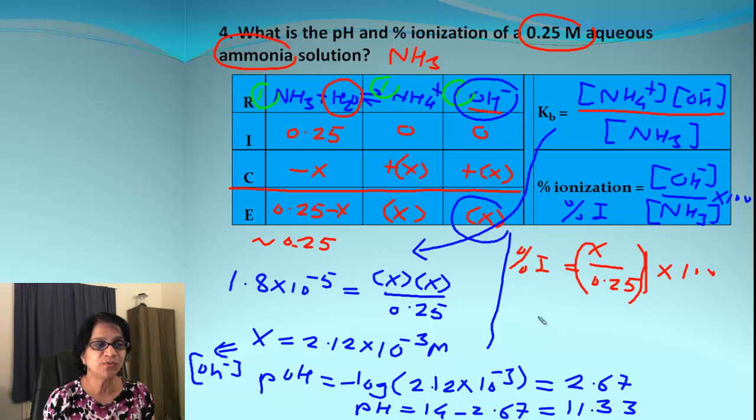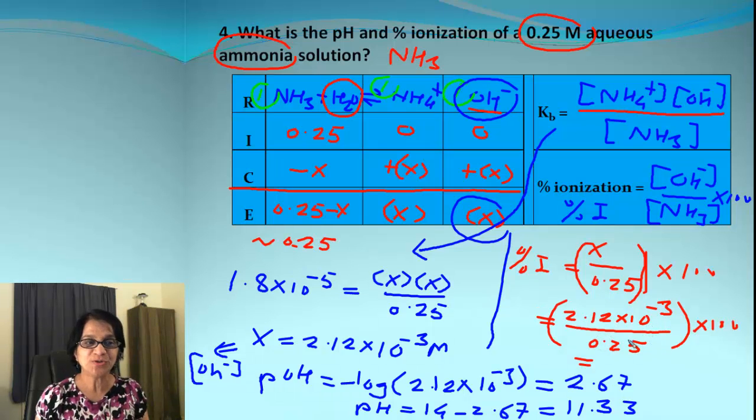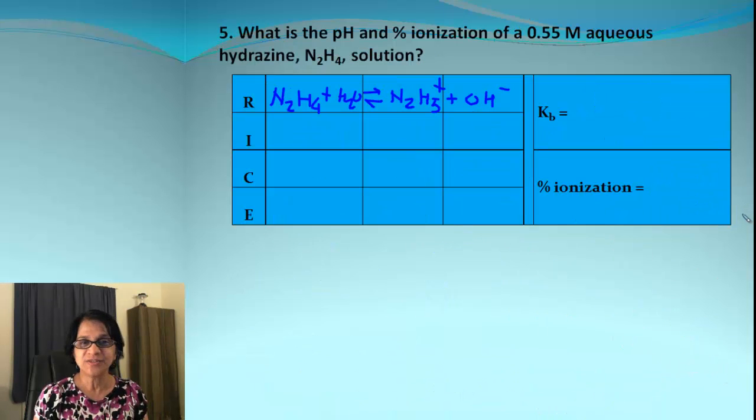When you plug the value for X as 2.12 times 10 to the negative 3 and solve, that gives you the final answer as 0.848.